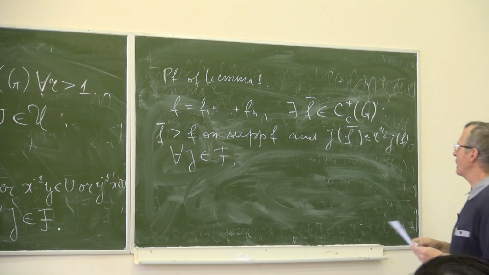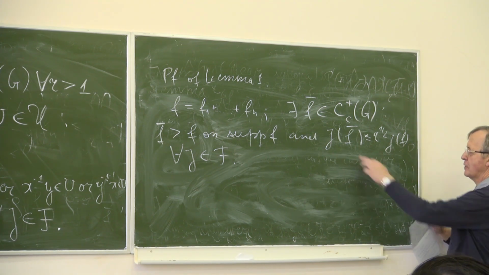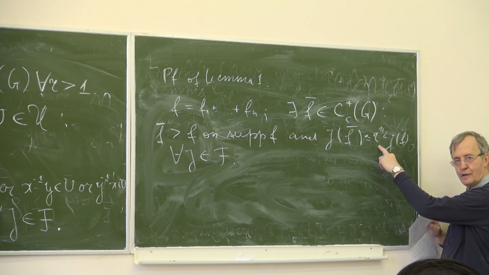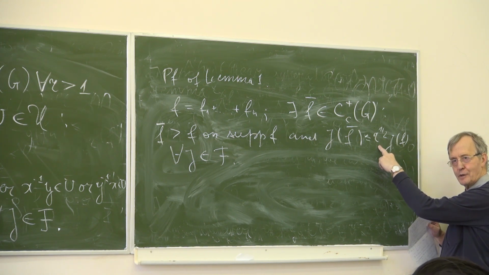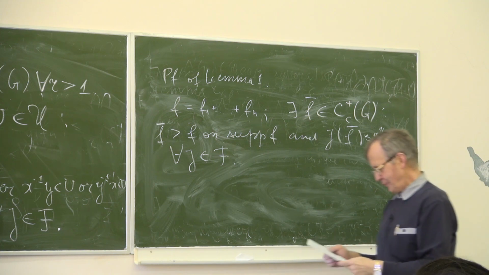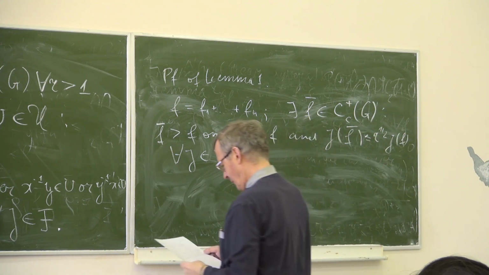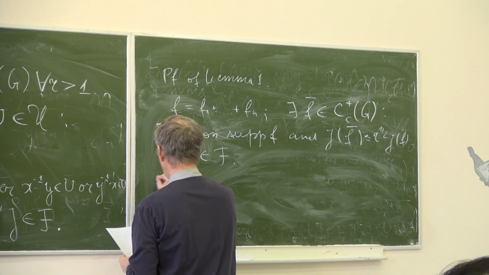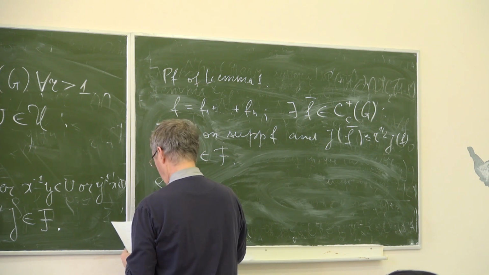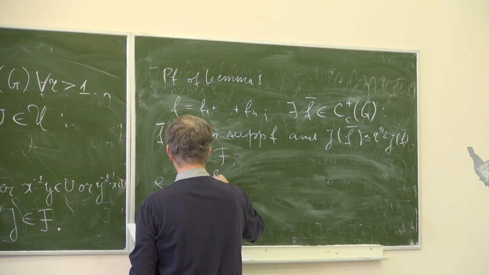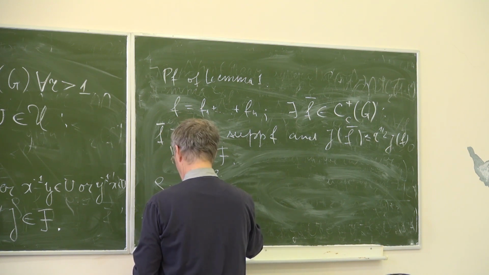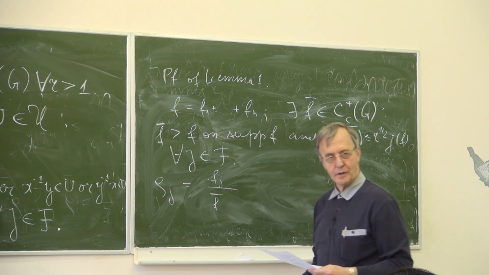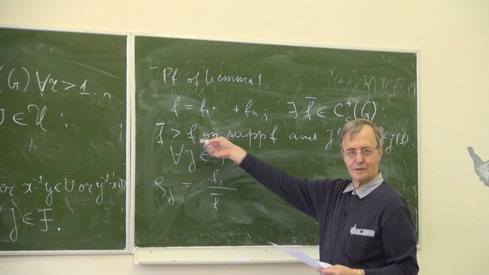So find such a majorant of f bar, and here I put r to the power 1/2 for the reason of the argument. Then define rho j equal to fj over f bar, and this time these are continuous functions because of this.